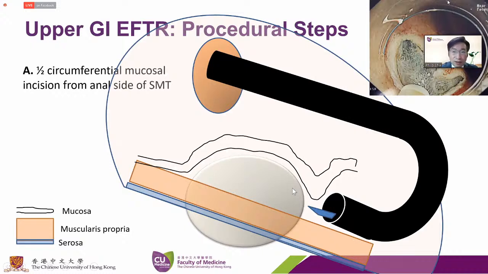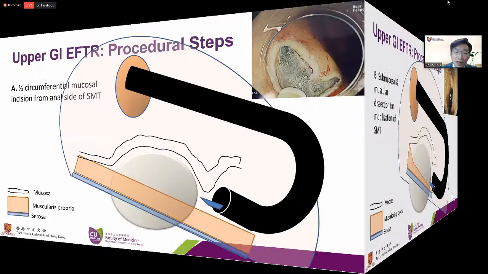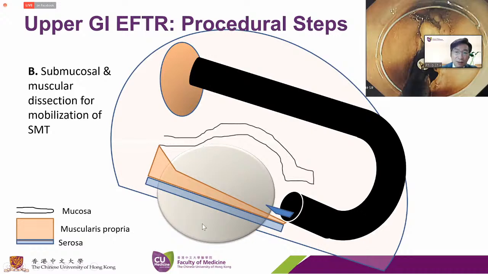So just to illustrate the procedural steps for gastric EFTR. Usually the location of the tumor is at the cardia or proximal body for GIST. Firstly, the scope will be placed in a retroflex position. We open up the inferior edge of the mucosa, and afterwards we dissect around the tumor with submucosal muscular dissection for mobilization.